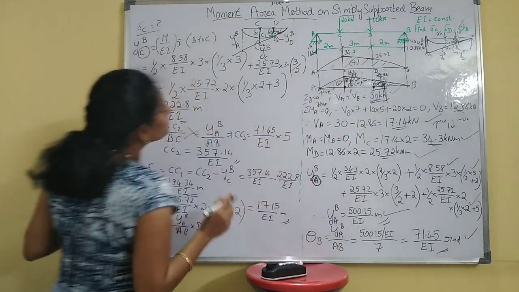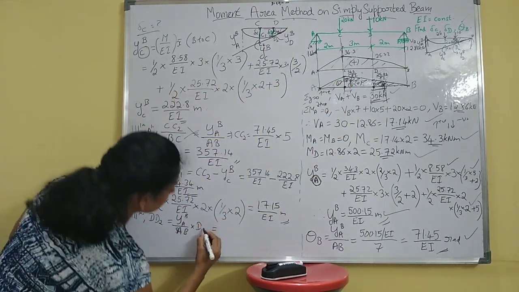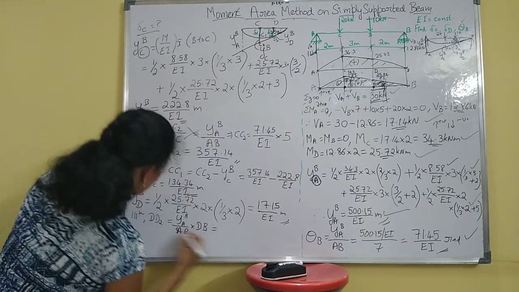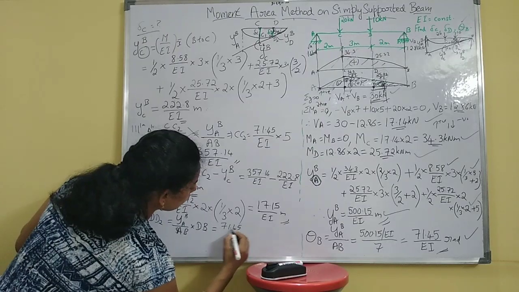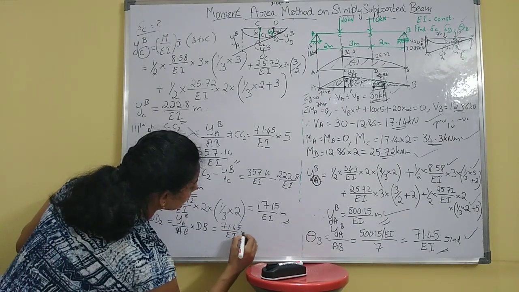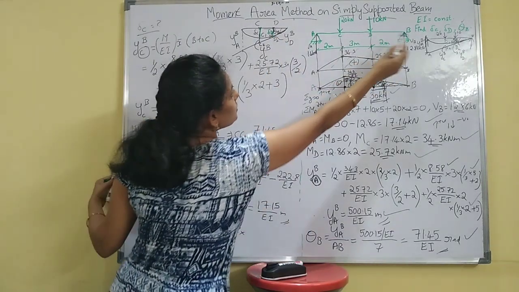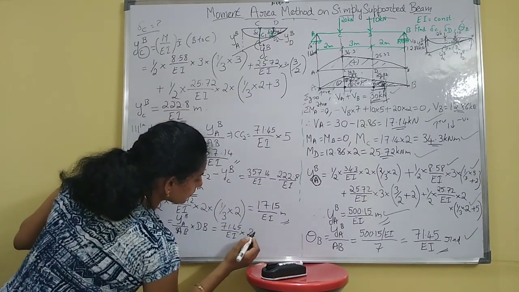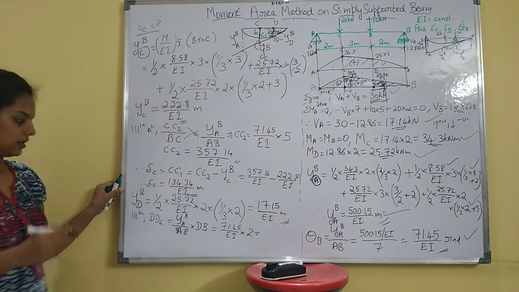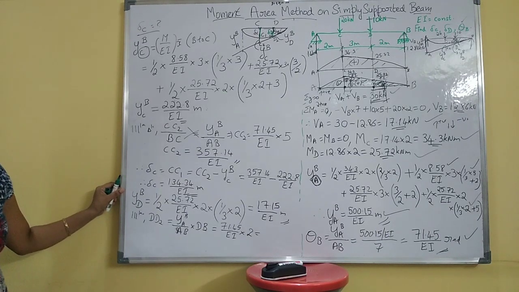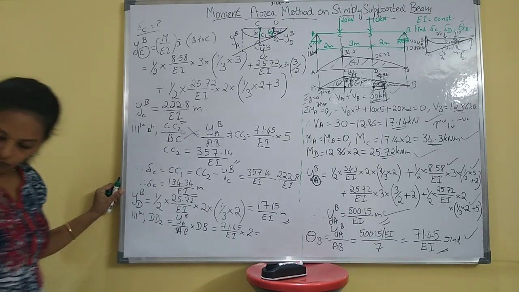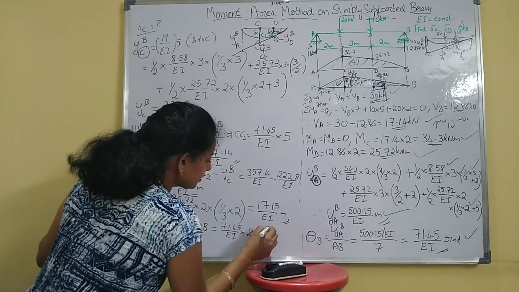This region, DB distance. So substitute it. That is 71.45 by EI into DB distance is how much? 2 meter. You will get that DD2 as 142.86 by EI.